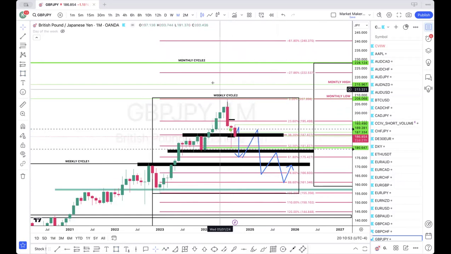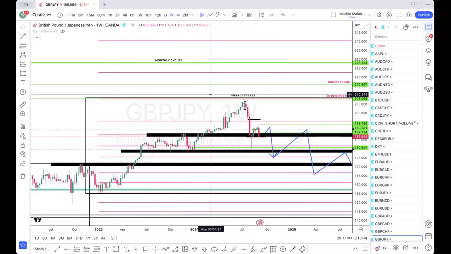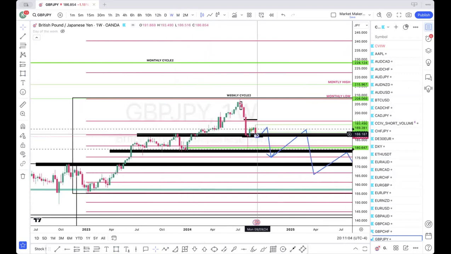Okay, that's the monthly candle. Still 22 days.